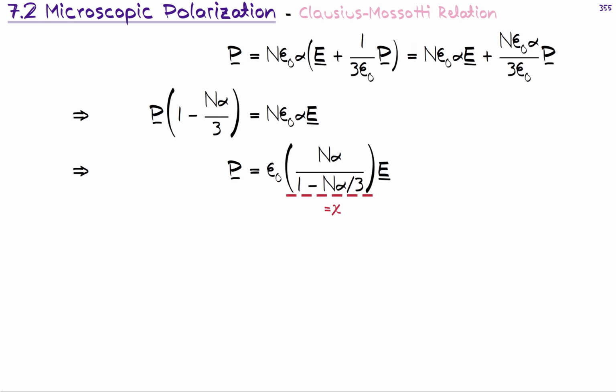And then we multiply with the incident field. In other words, we are essentially making use of this equation here: P equals epsilon naught times material susceptibility chi times incident field. So this term now is our material susceptibility.